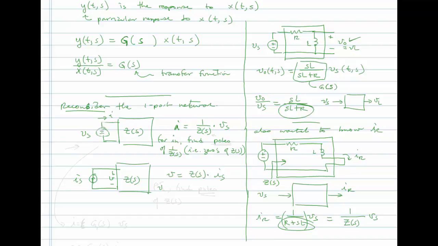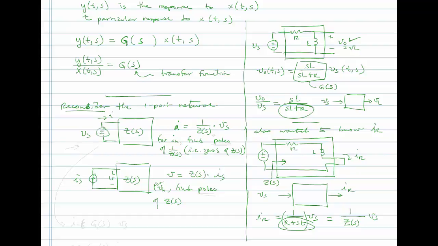And for finding V, the homogeneous response, for VH, find poles of Z of S.